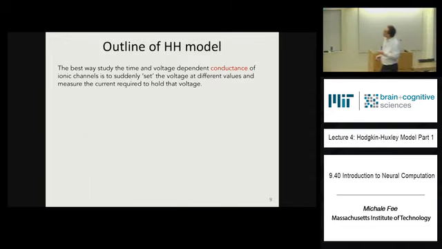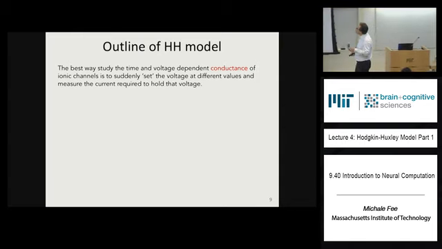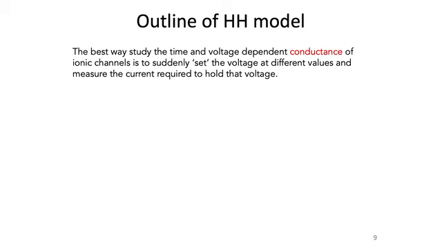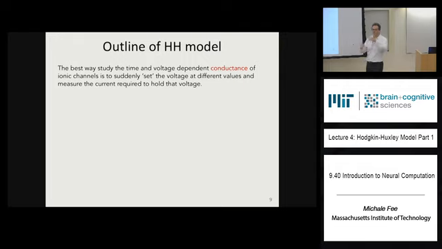All right, so now we're setting out to measure these sodium and potassium conductances. So how do we do that? What we really want to measure is conductance, which is the relation between voltage and current. So we'd like to set the voltage at a certain level and measure the current that flows through these channels.